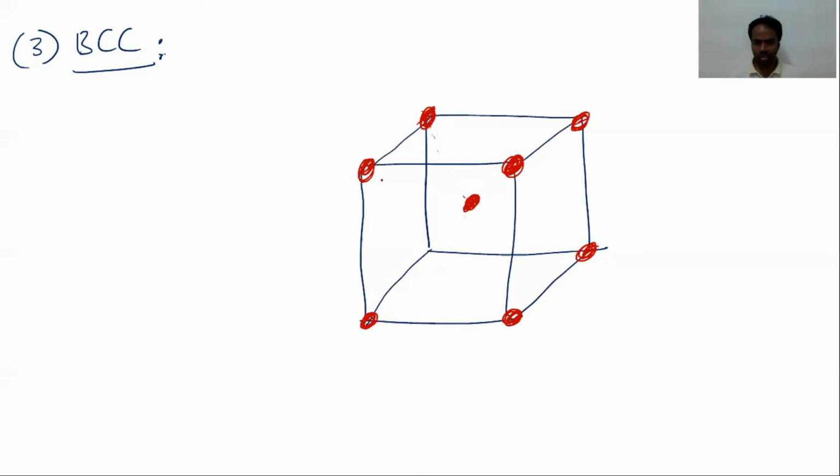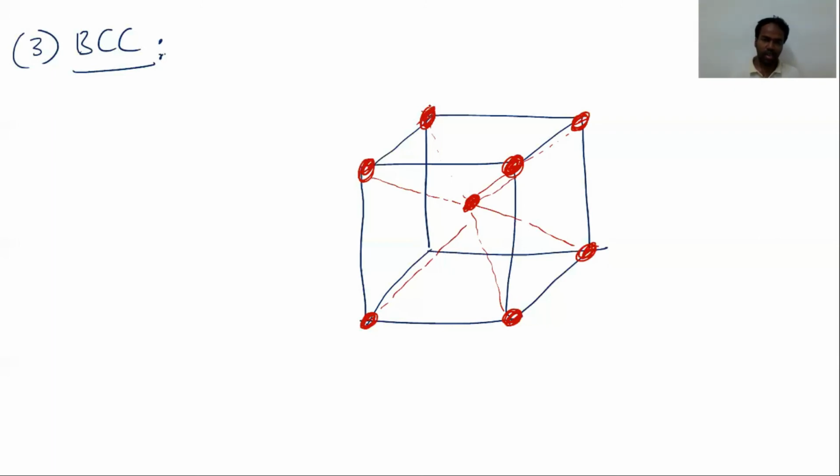So for this center, how many nearest neighbors are there in total? Total 8 corners, 8 nearest neighbors are present for the center. So with respect to the center lattice point, there are total 8 nearest neighbors called corners.